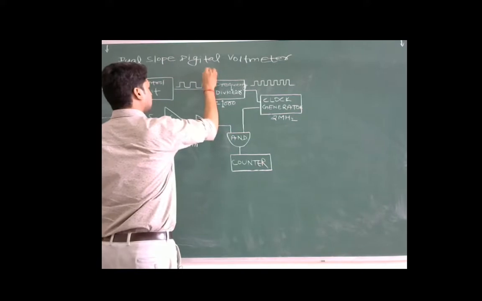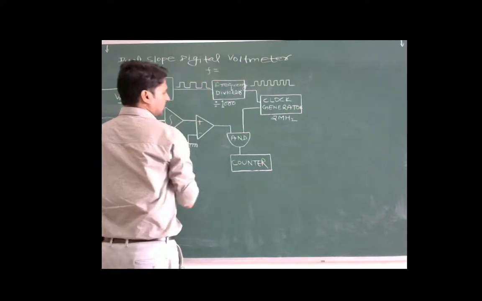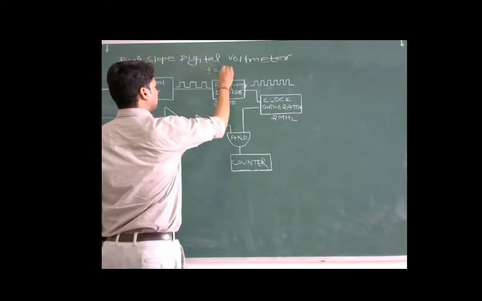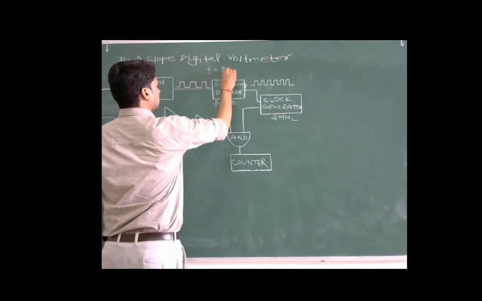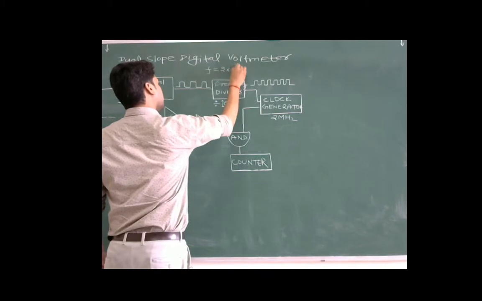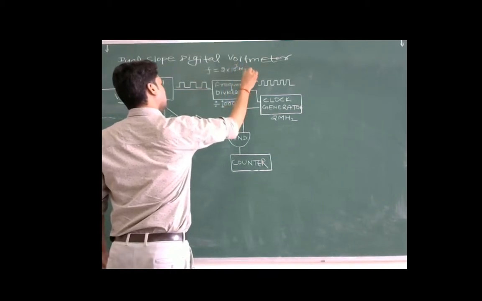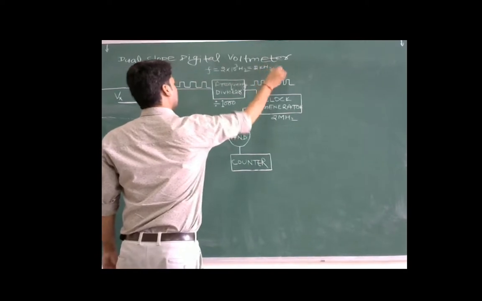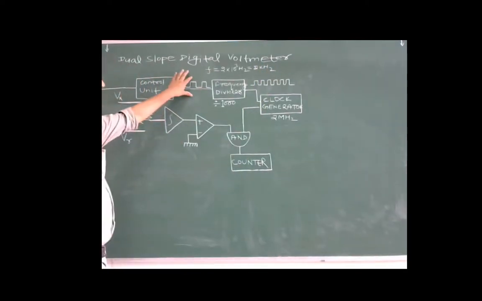The frequency of this signal will be 2 megahertz divided by 1000. It will be 2 into 10 power 3 hertz, or 2 kilohertz. So the frequency of this signal will be 2 kilohertz.